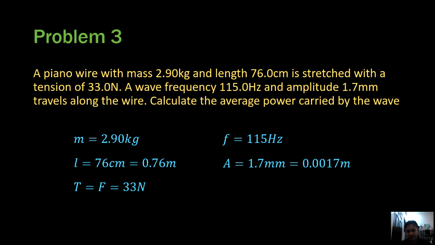So we have to calculate the average power carried by the wave. We know that the formula for the average power is equal to 1/2 of the square root of the quantity of mu times the force, times the wave frequency omega squared, multiplied by A squared or amplitude squared. So there are actually two constants that we need to solve, or we need to modify a bit in this formula, which is the omega and the mu.